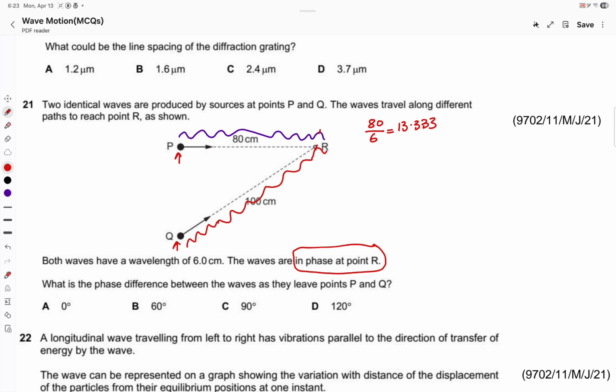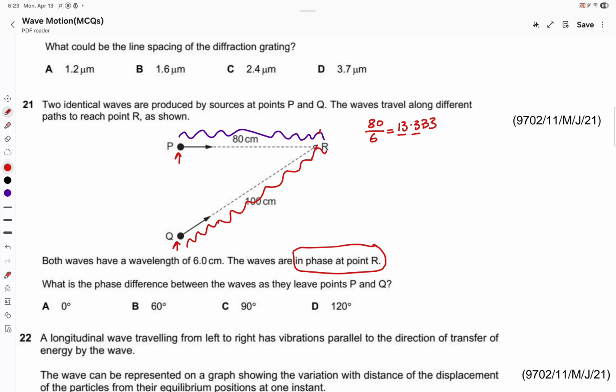It means from P to R, 13 complete waves have reached, and the 14th wave, a 0.33 portion, is still left.